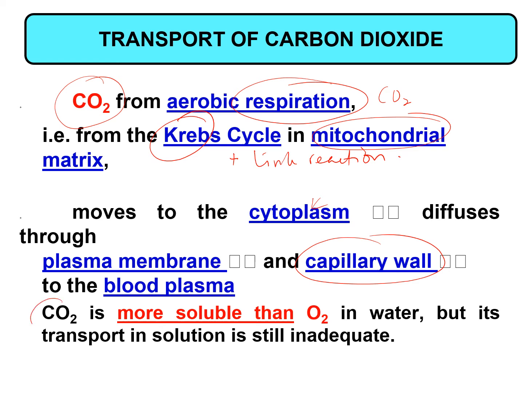Carbon dioxide has a characteristic that it is soluble in water. Because blood has water, the presence of the carbon dioxide will be affected, because it can dissolve in water.